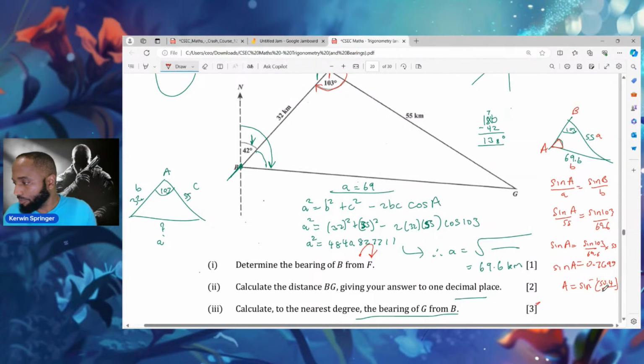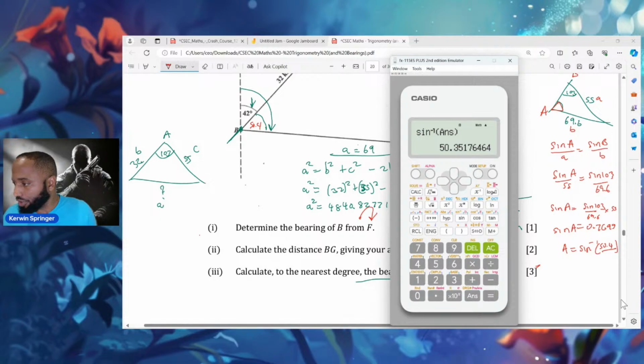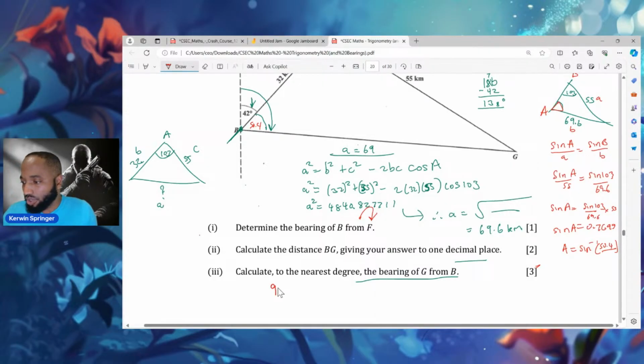Since this is 50.4, the whole angle, the bearing is 50.4 plus 42, which is 92.4. So 92.4 degrees is the bearing.